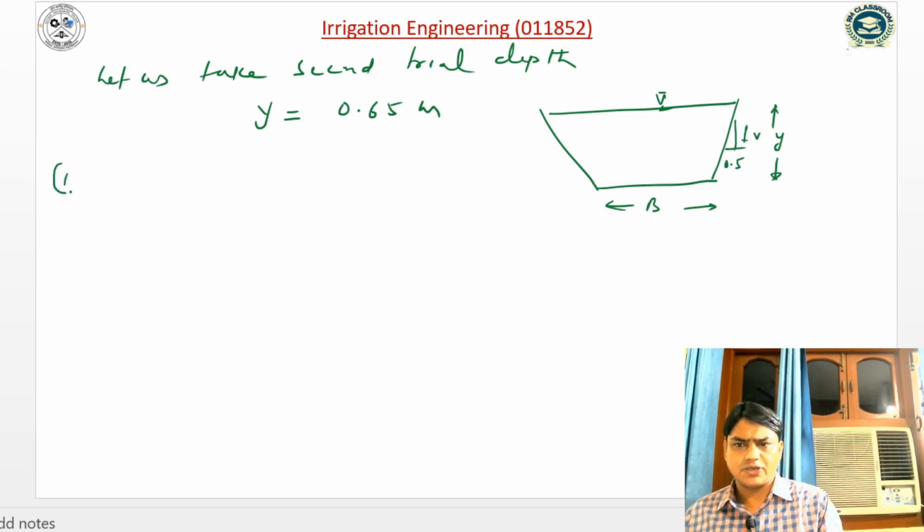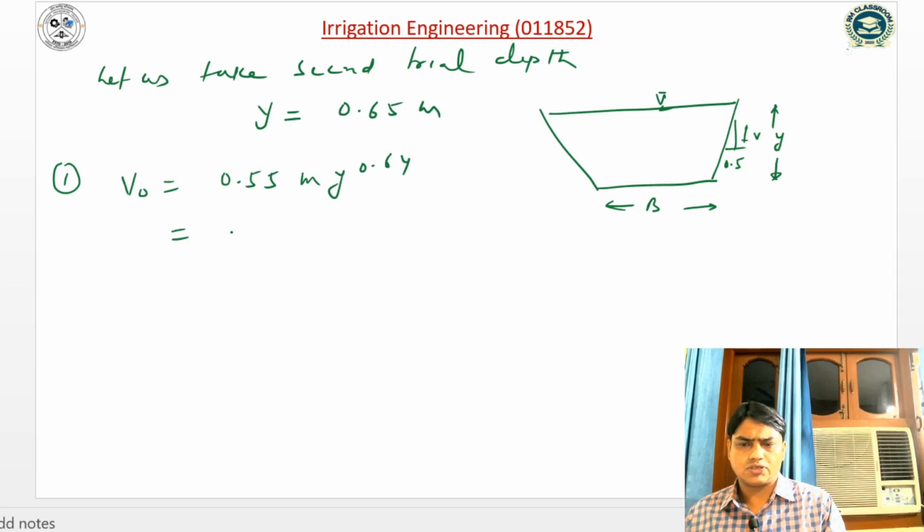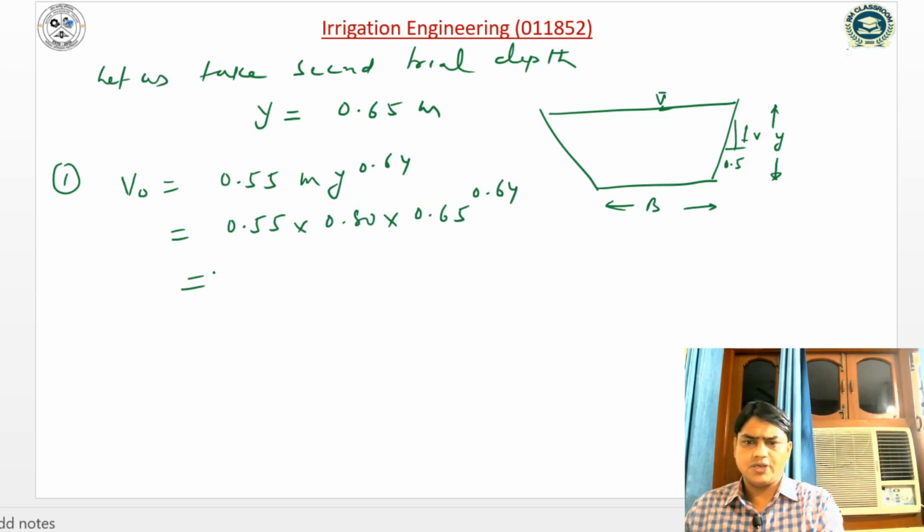Now critical velocity, once again if I compute V naught, so 0.55 m to the power 0.64. So this value will be 0.55 into 0.8 into 0.65 to the power 0.64.